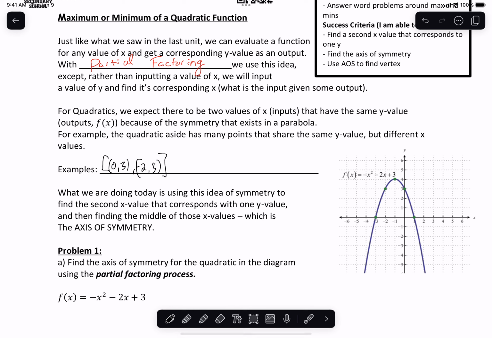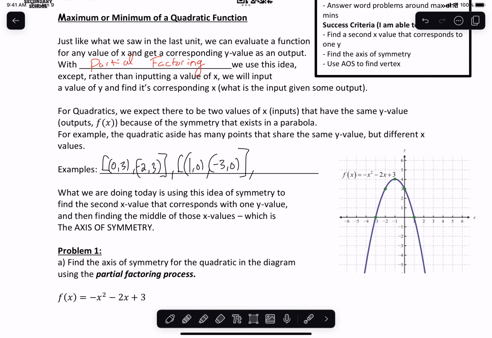Okay, is there another one we could find? Let's find different y values. Sophie? 1 and 0. Where's another point on the graph with a y value of 0? Yeah, negative 3 and 0. Let's find two more.